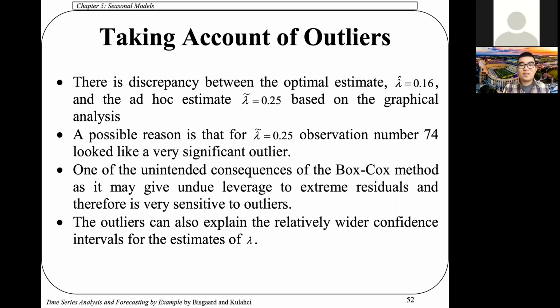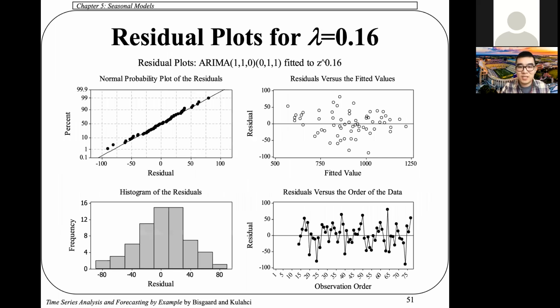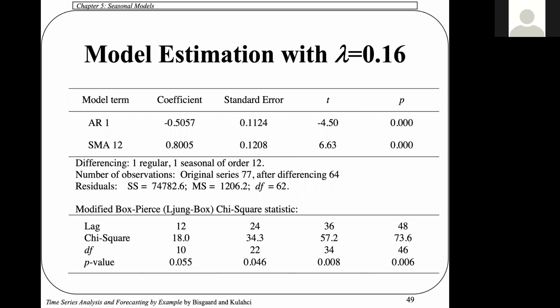But the lucky thing here is that the outlier we have is number 74, which is one of the last points of our observations. I think we only have 77 observations.